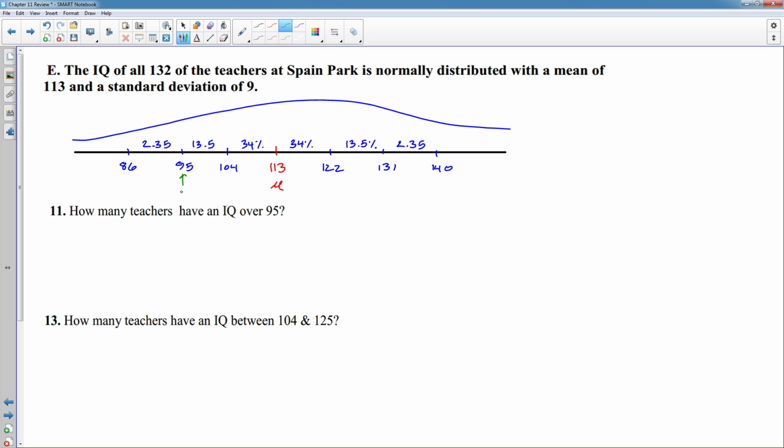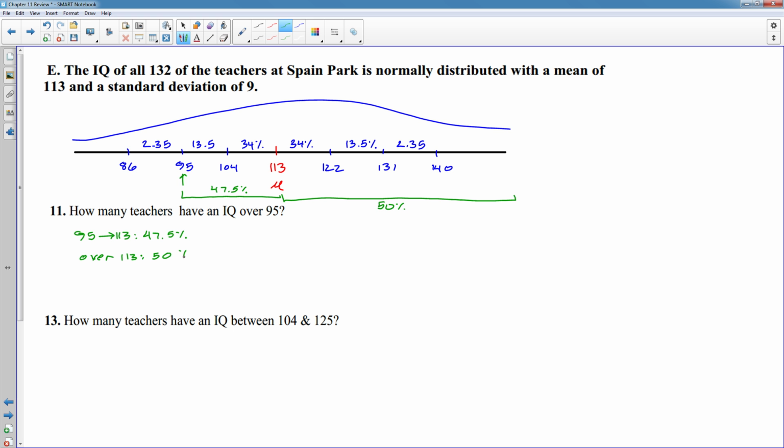And what I can do is I can tell that from 95 to 113, that actually covers 34 plus 13.5, which is 47.5% of the population. Now the other half, 50%, is all of the rest. So this is 50%. This is 47.5%. So the number of teachers who have an over a 113 IQ is 50%.